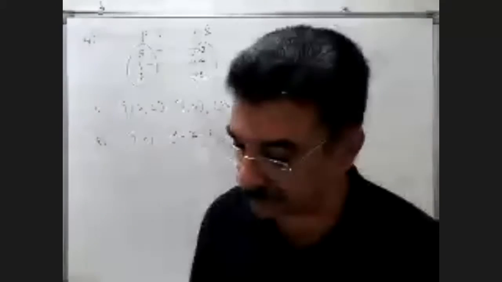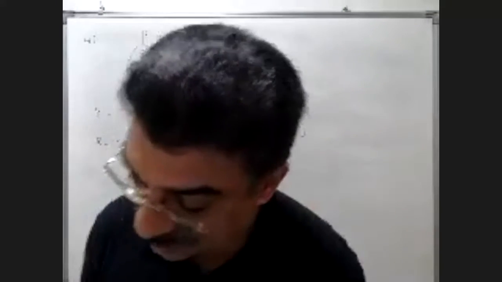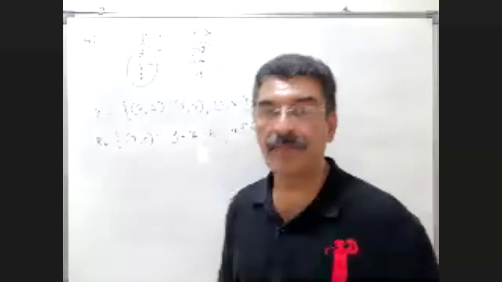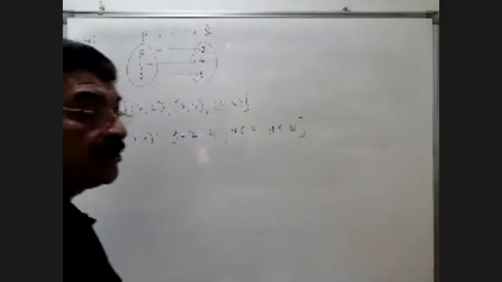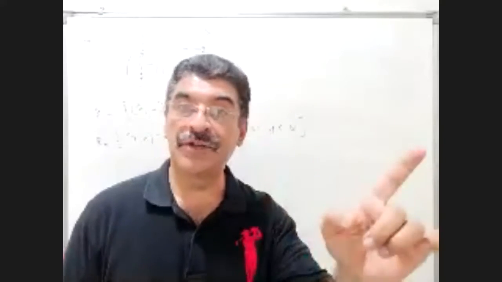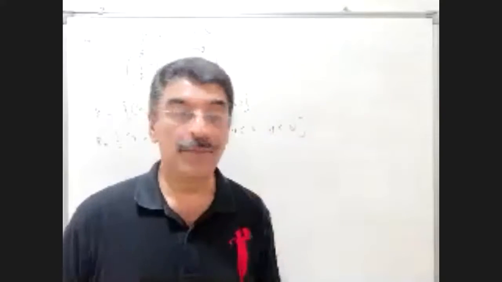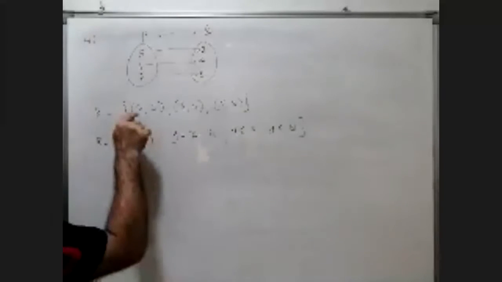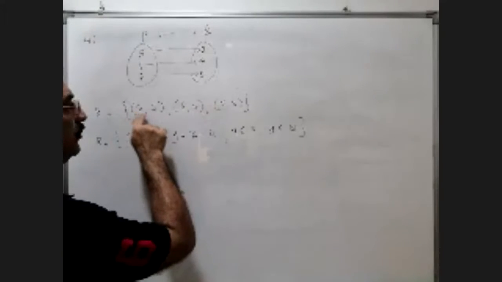Now, next is to write its domain and range. It is easy if you are seeing the roster form or arrow diagram. In roster form, the x coordinates are 5, 6, 7.